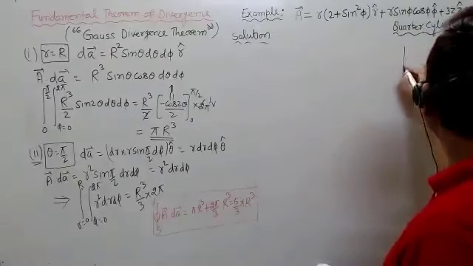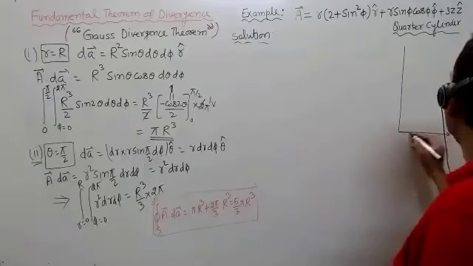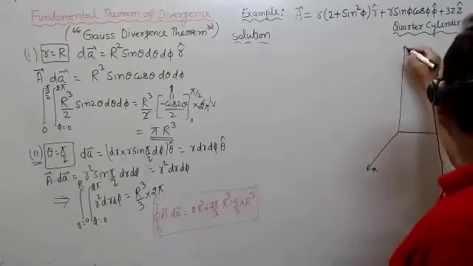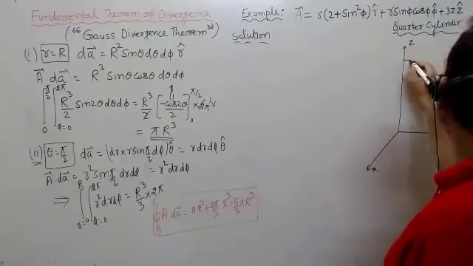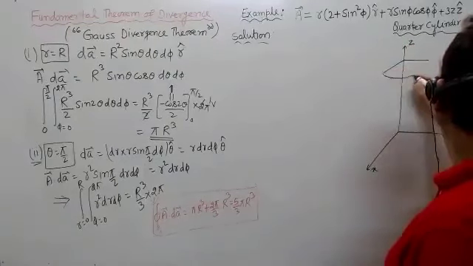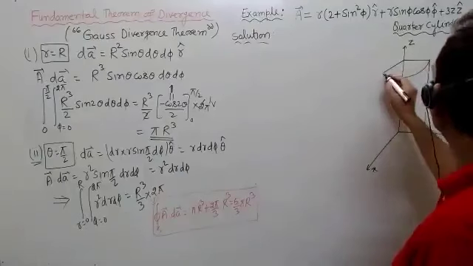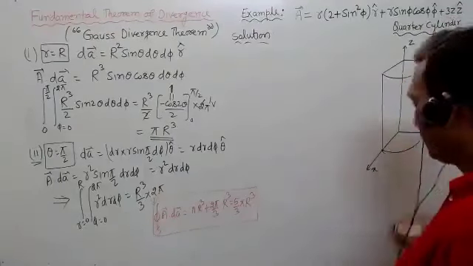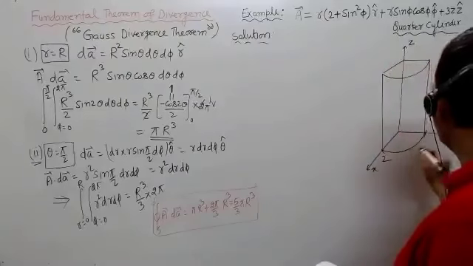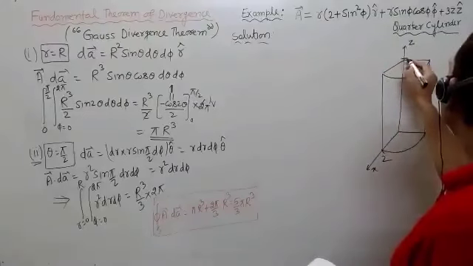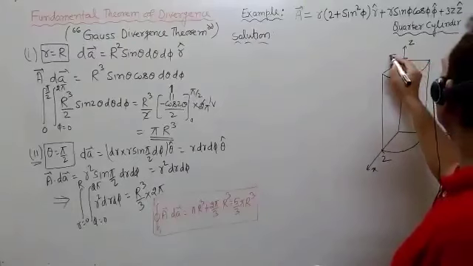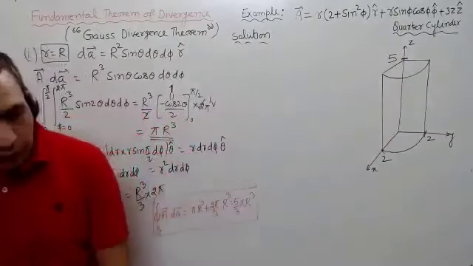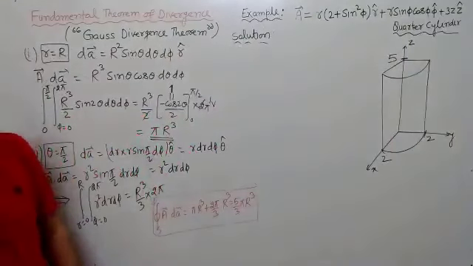So let us draw this quarter cylinder. X, Y, and Z. So this radius is 2 and its length is 5. So over this volume, you have to verify the divergence theorem.